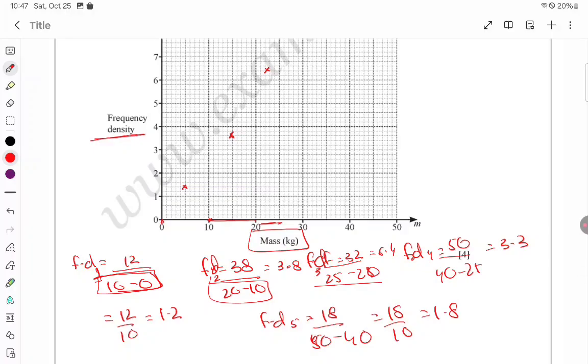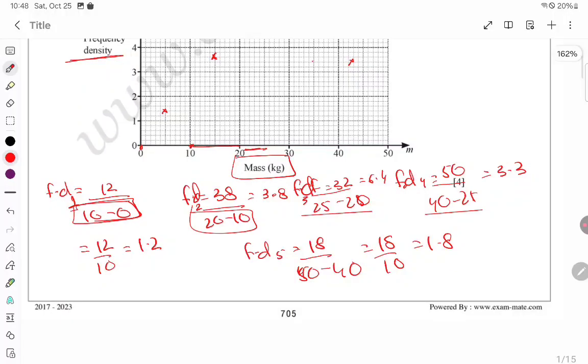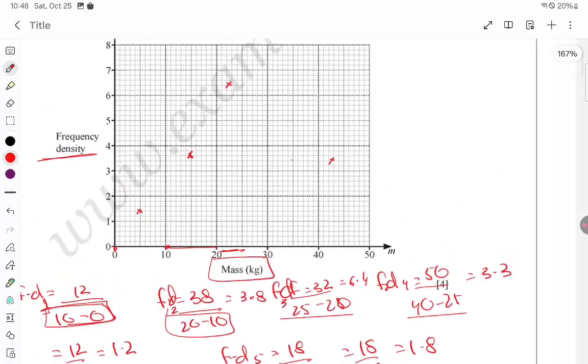And for 25 to 40, 3.3, and for 40 to 50, 1.8.